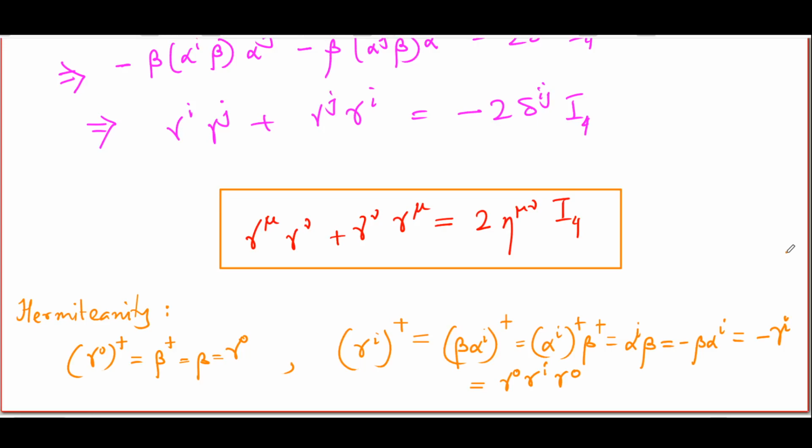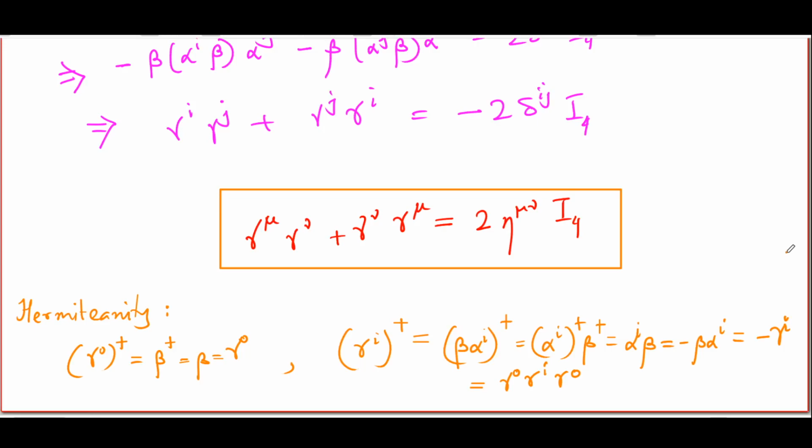If I take the adjoint of gamma i, I'm actually taking the adjoint of beta alpha i. But that, according to the standard rule of taking adjoints, is alpha i dagger, beta dagger. Since alpha i and beta are both Hermitian, this is equal to alpha i beta. But that is not the same as the matrix that you started out with. It's actually negative of beta alpha i. So it's actually negative of gamma i. So gamma i's are anti-Hermitian.